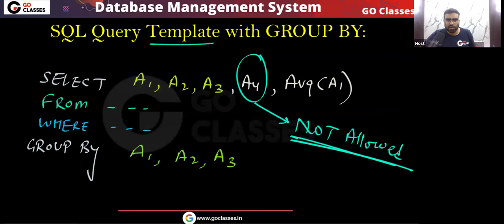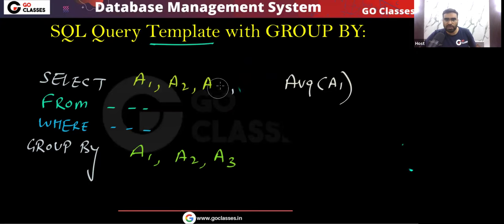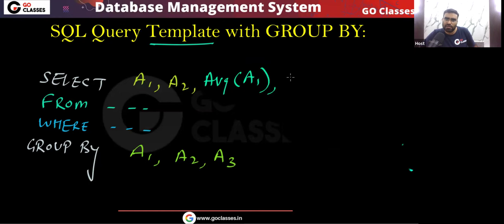Let me also tell you what is not allowed. For example, here you have a1, a2, a3, and let's assume here you only have a1, a2, and count based on a4. That is fine; aggregation is fine.